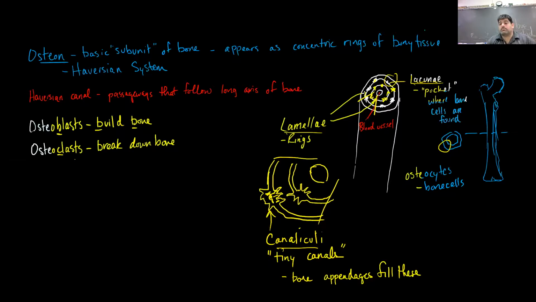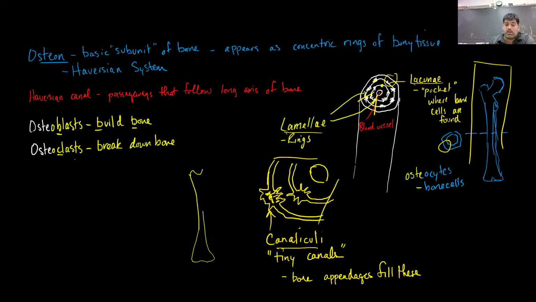Now, if I looked at this bone and I cut, we'll call it a frontal section of this bone, okay? So I had the bone and it looked like the same, right? But it's actually cut in half. I could see the entirety of the medullary cavity and so on.